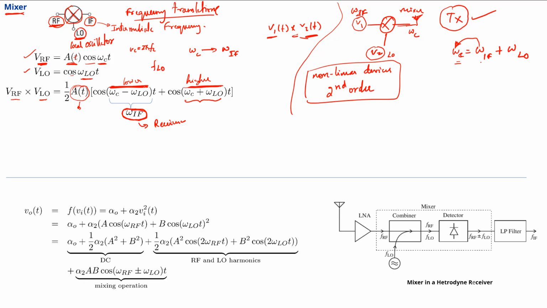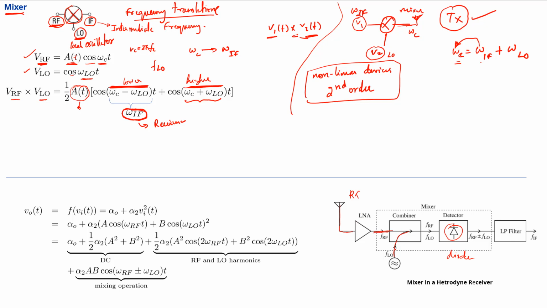Now let's look into how a nonlinear device can be used to multiply two signals. The simplest nonlinear device that we know is a diode. If we combine the RF signal and the local oscillator signal, let's say in this receiver chain the RF signal is picked up by the antenna and a low noise amplifier amplifies it.